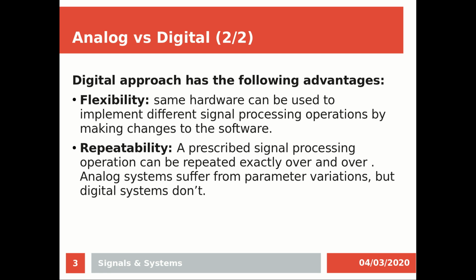In analog, almost all analog circuits work only on one or two operations, a limited number of operations that they are capable of doing. In digital, it is flexible, so it may implement different operations or processes just by changing the software, like your computer. It does millions of operations without changing the hardware that you use.